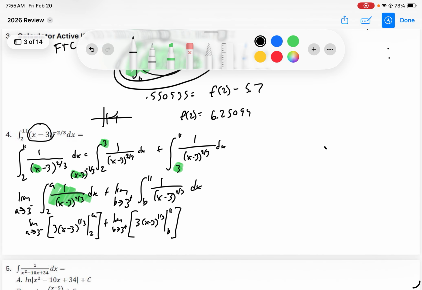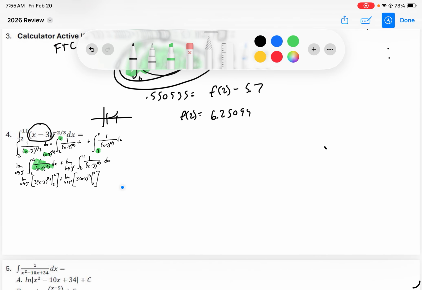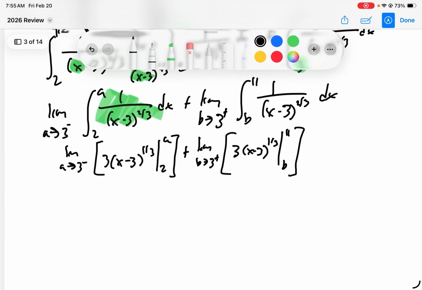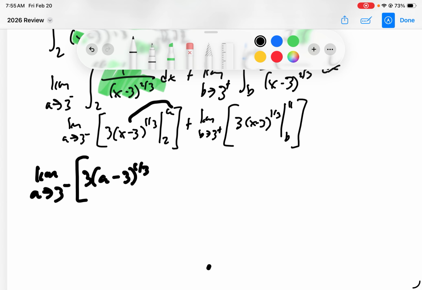All right, running out of room. All right, so now we have to plug in the limit as a approaches 3 from the left of, okay, now we plug in a, 3 times (a minus 3) to the 1/3 minus, now plug in 2. 2 minus 3 is negative 1 to the 1/3.